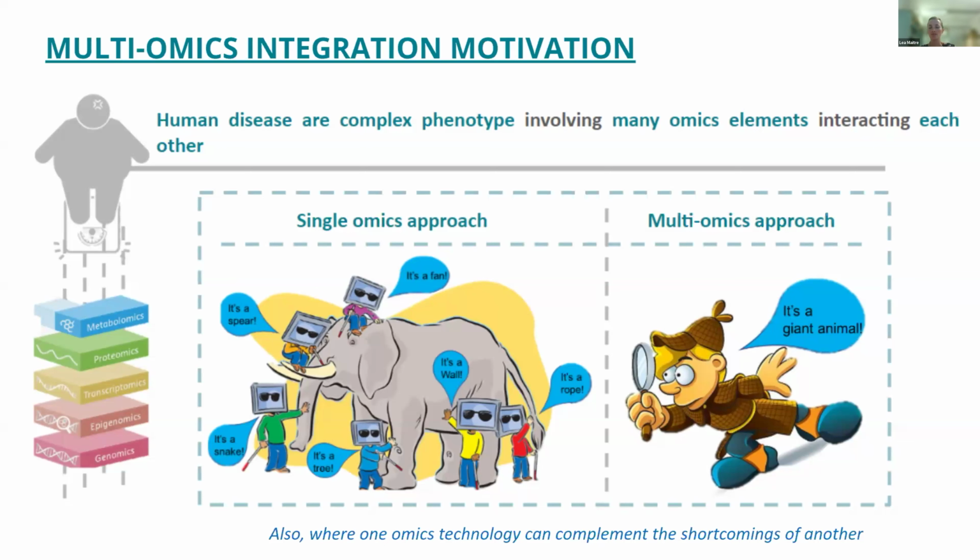Even epigenetics, which has seen much better advancement in gene annotation and functional annotation, still, with the current arrays, we only measure a small part of the genome through epigenomics. So by combining different omics technologies, they also complement each other and the shortcomings of one another.